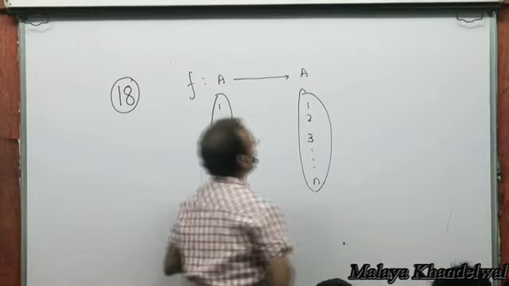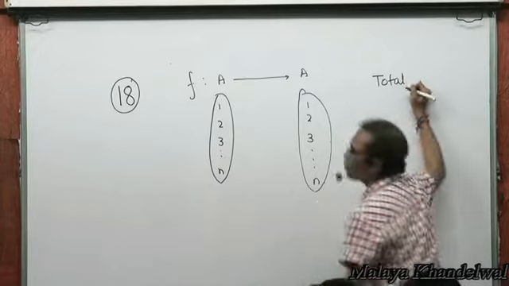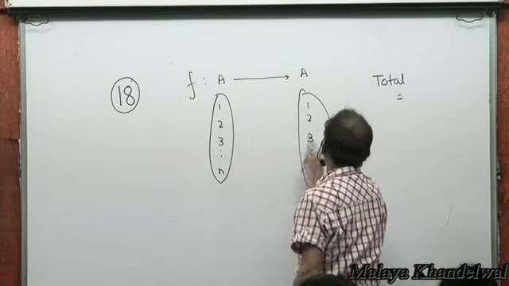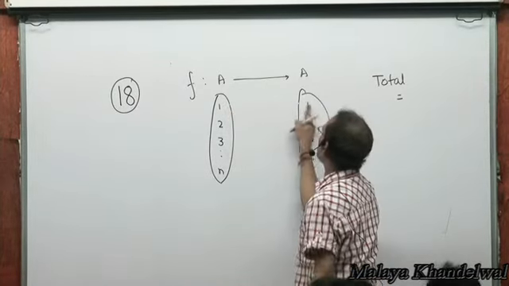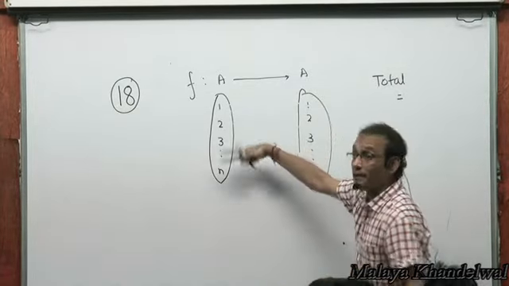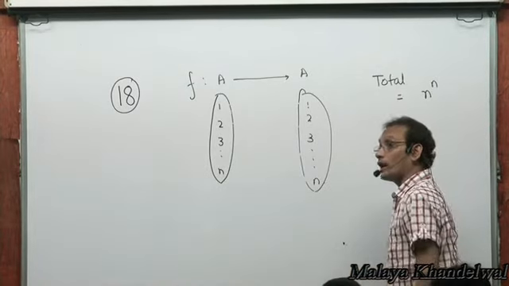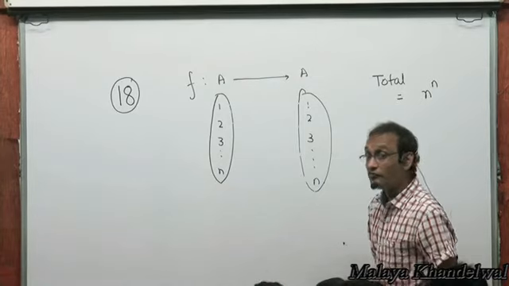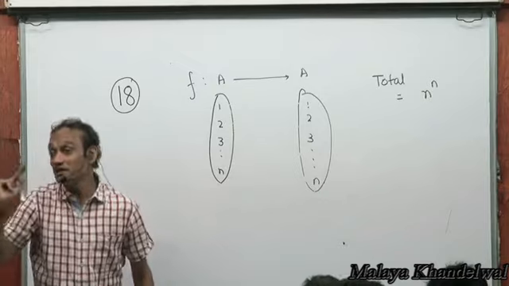First of all, I have to find the total number of maps. Each element could be mapped to any one of the n elements in this set, right? So this can be mapped in n ways, this can be mapped in n ways, this can be mapped in n ways. So total number of mappings would be n^n, right? Now total number of one-to-one mappings is n!, because injection means one-to-one.